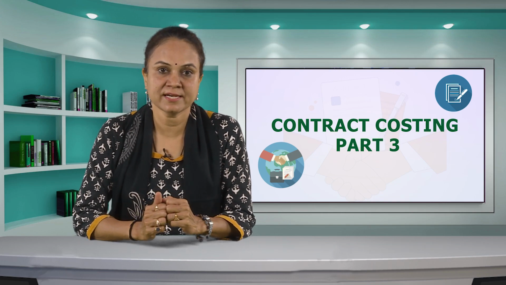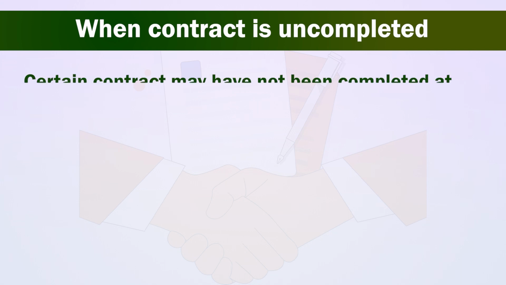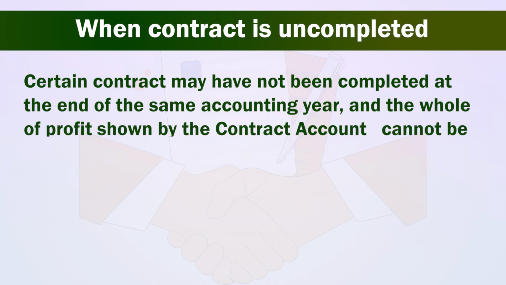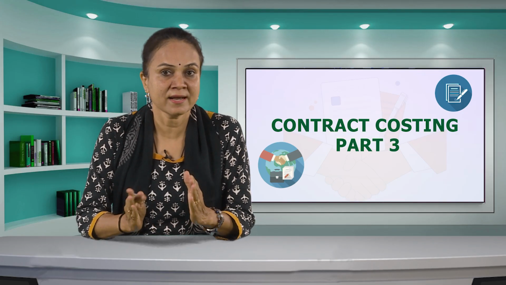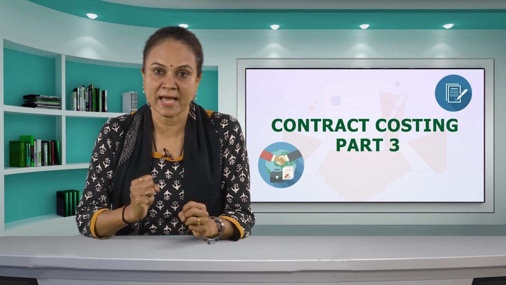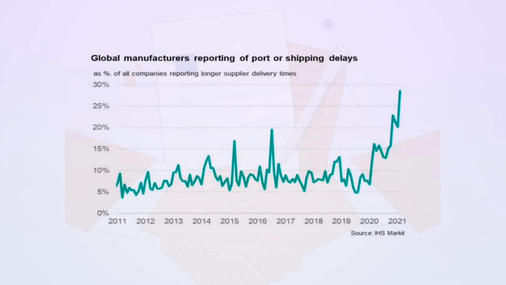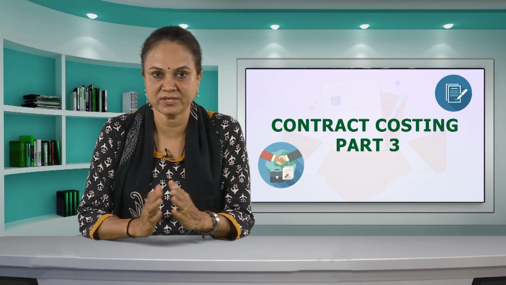Now, let's understand when contract is uncompleted. Certain contracts may have not been completed at the end of the same accounting year, and the whole profit shown by the contract account cannot be credited to profit and loss account. As such contracts are uncompleted, provisions have to be made against contingencies such as rise in price of materials, increase in labor cost or any other relevant cost.